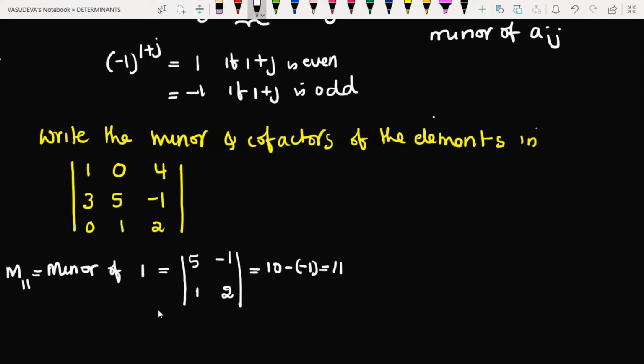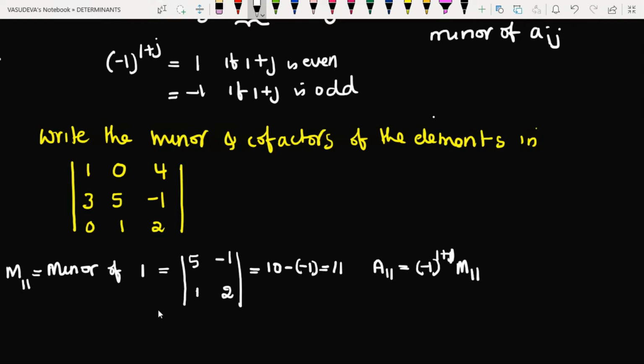So this is M11. And now simultaneously I will find the cofactor of the element A11. This is (-1)^(i+j) times M11.